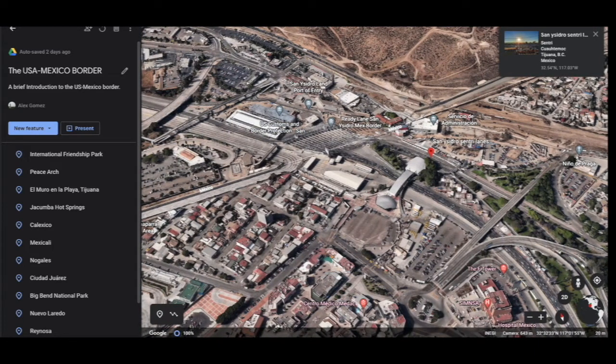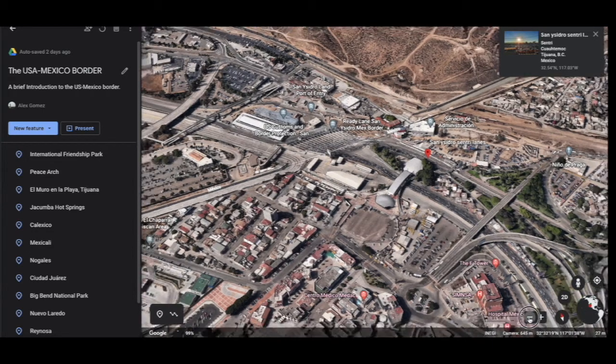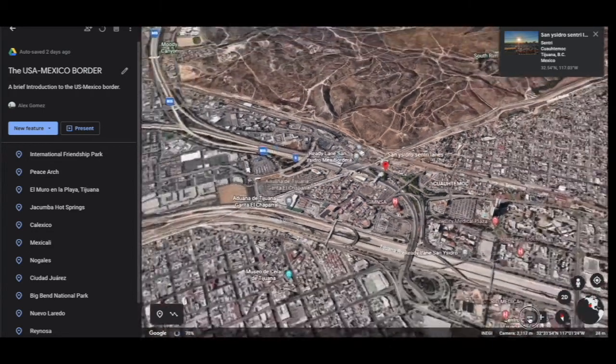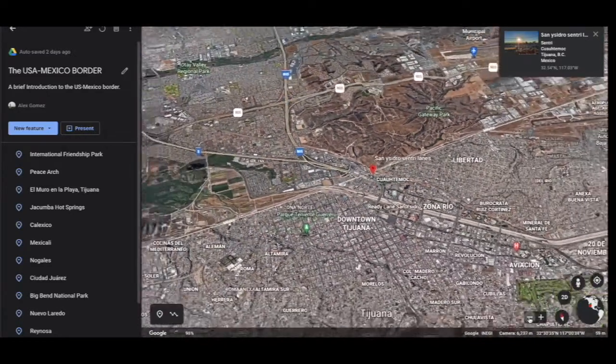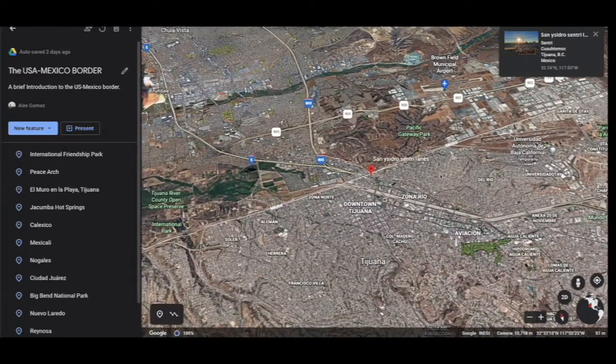Sometimes when we think about having a border fence, we think that the people in Tijuana are all Mexicans. No, they're not. A lot of them have dual citizenship, and they would rather live in Tijuana because it's cheaper in comparison to the rent or buying a house in San Diego.